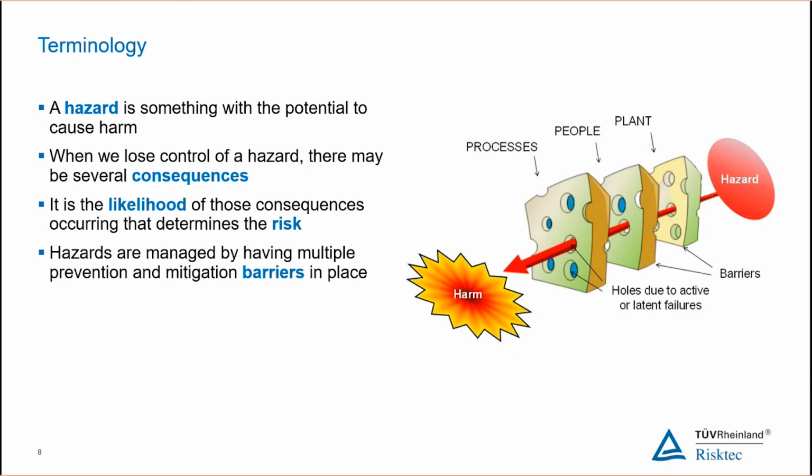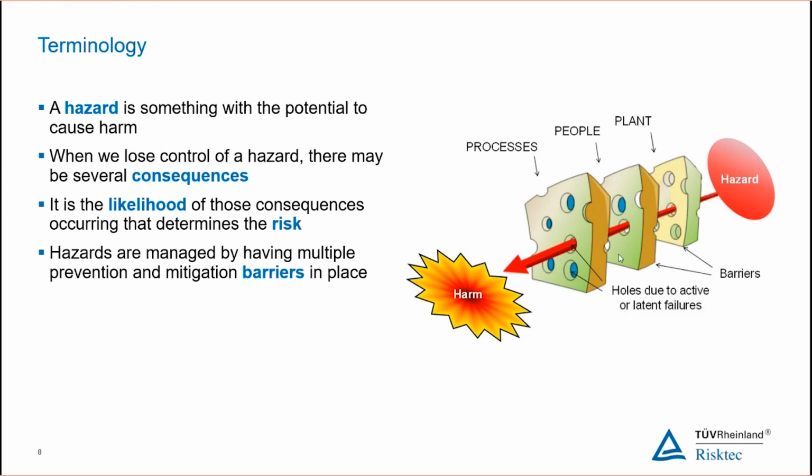We'll come on to this in more detail, but we have the possibility of preventing the hazard from being released, or if the hazard is released, we have the possibility to mitigate the harm and protect the people in place. So we have this concept of barrier management. The diagram on the right-hand side of the screen is a very simple representation, often called the Swiss cheese model, where we put in place these barriers.